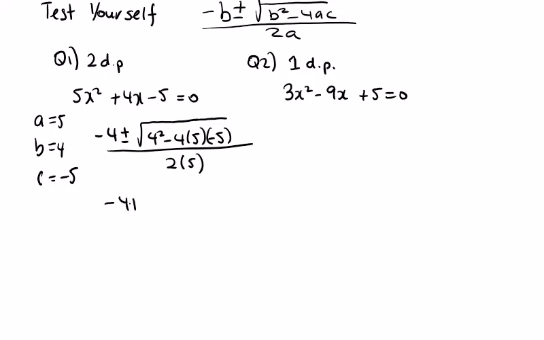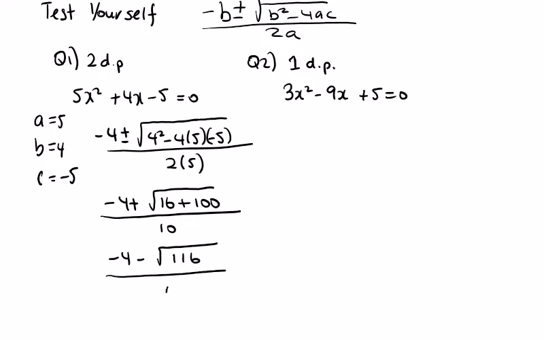So minus 4 plus the square root of 16. We've 2 negatives again, so it's 4 by 5 by 5, so 4 by 25 is plus 100. Over 2 5s are 10. That's one solution. And we have minus 4 minus the square root of 116 over 10.